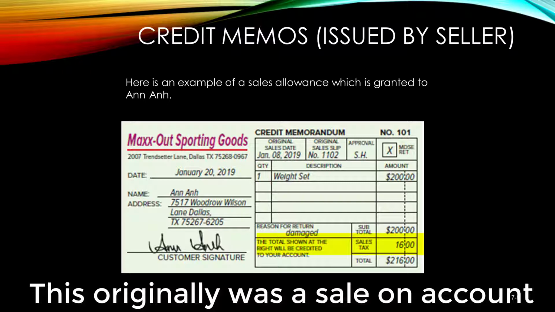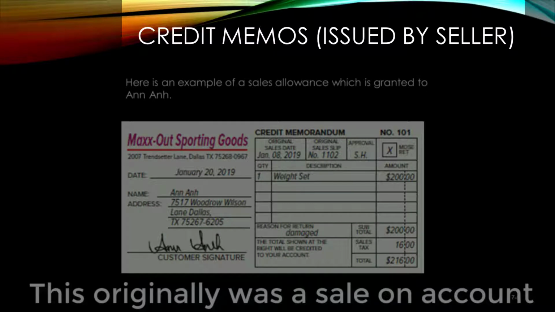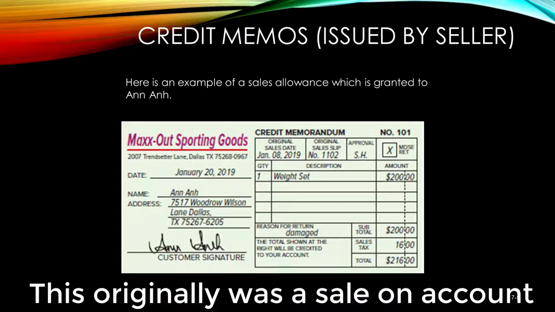The item was previously sold on account. Assuming the item has not yet been paid for, a credit memo is issued by the seller to acknowledge the return, and the following journal entry would be made.